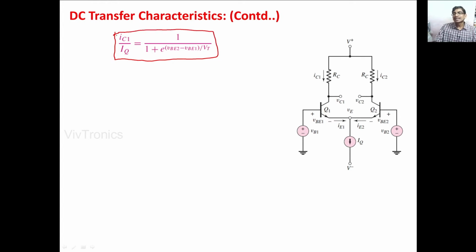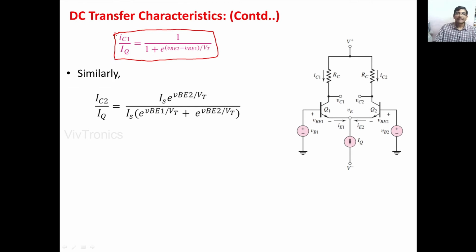Similarly we can calculate the IC2 current divided by the IQ current. IC2 divided by IQ will be equal to Is into e power VBE2 by Vt, which is the IC2 collector current equation, and IQ will be equal to Is into e power VBE1 by Vt plus e power VBE2 by Vt.